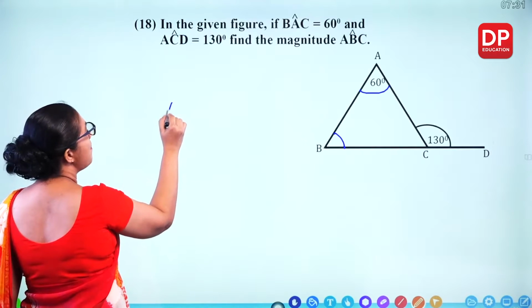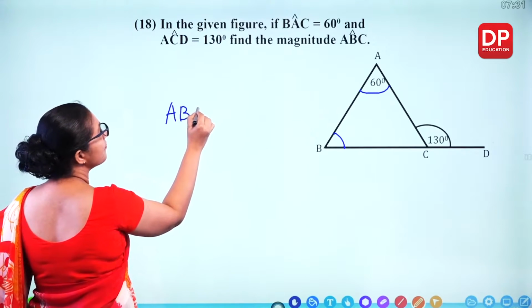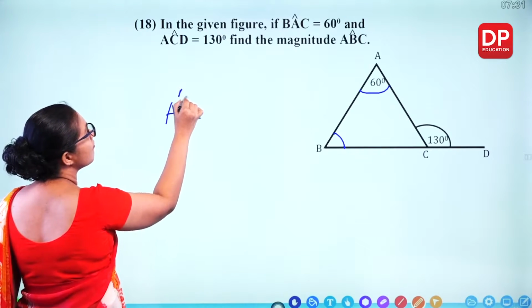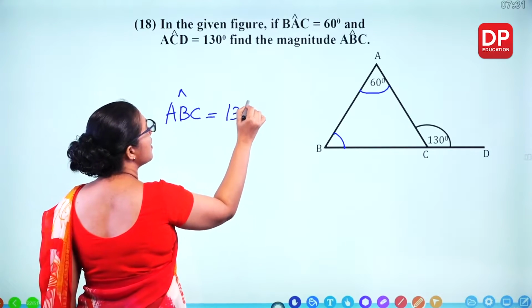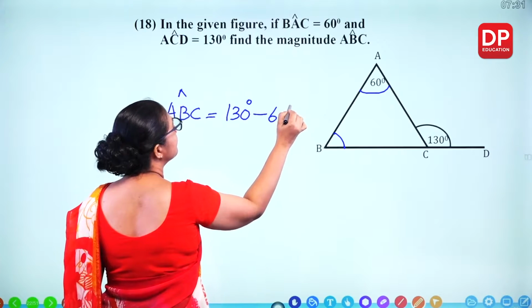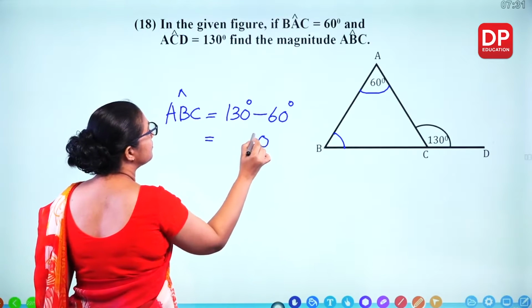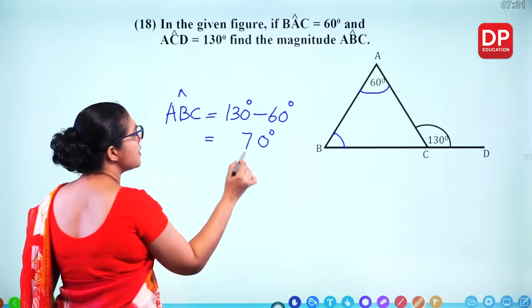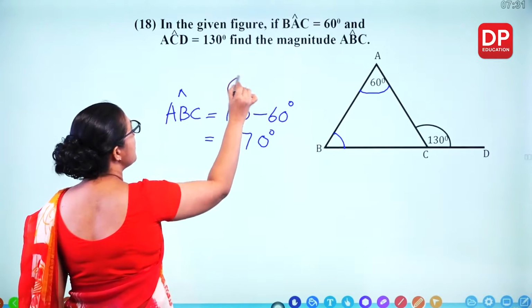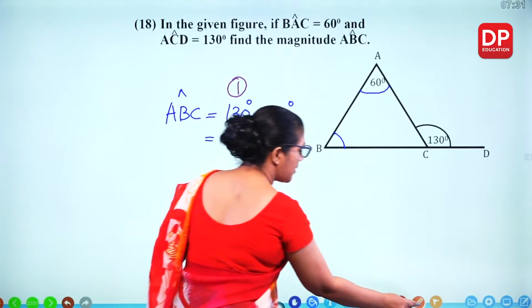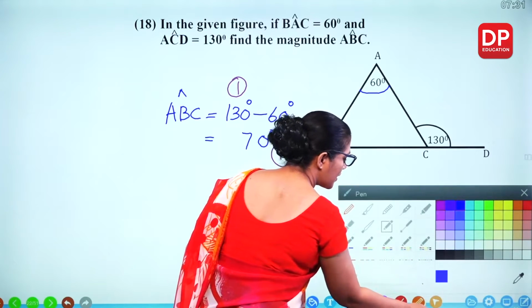So what is ABC? 130 minus 60, 70 degrees. So a method mark and 1 for the correct answer.